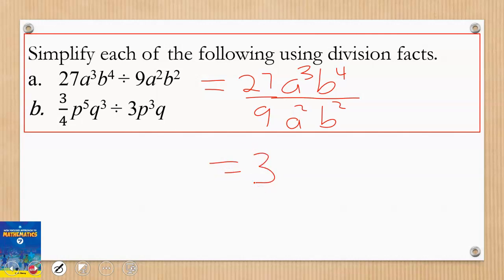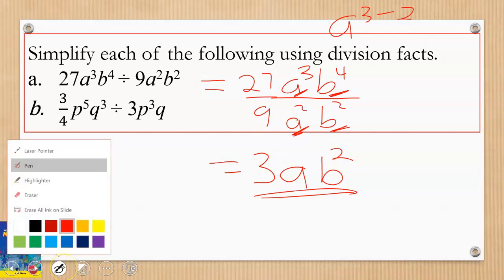With a power 3 and a power 2, it is a exponent 3 minus 2 because we are dividing, so we get a. Then b power 4 divided by b power 2 gives us b exponent 2. So that becomes the answer. Simple as ABC, right? Good.